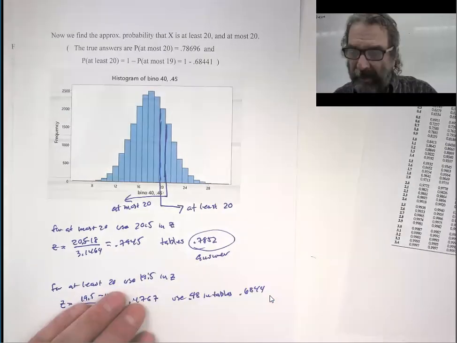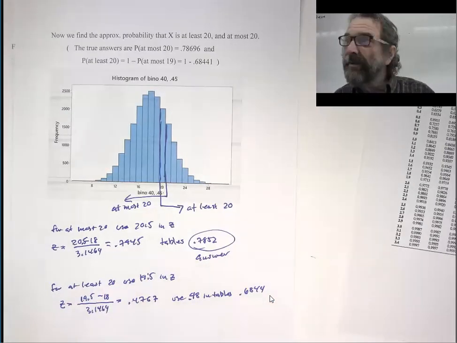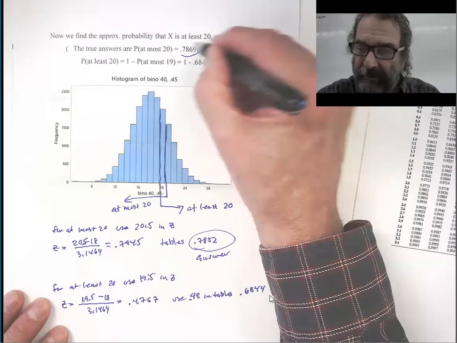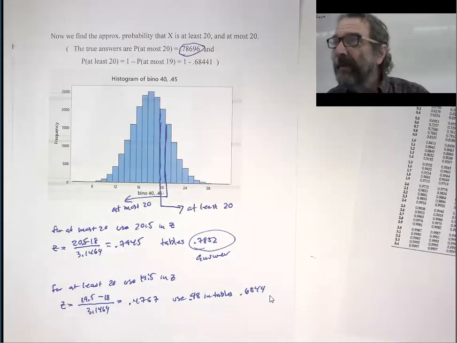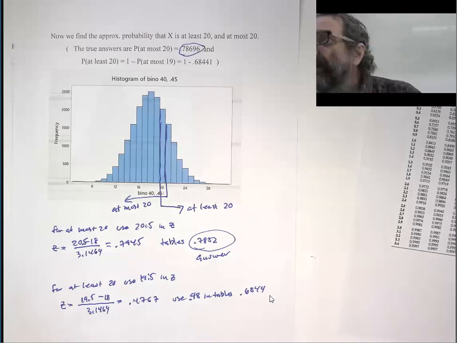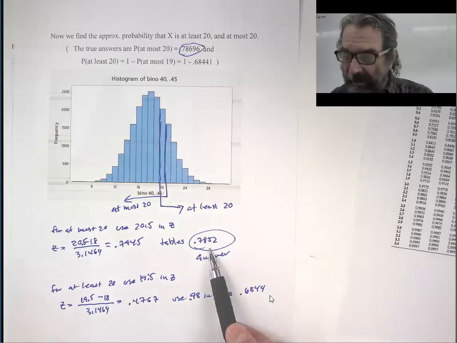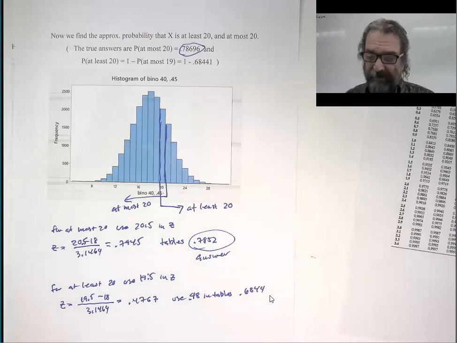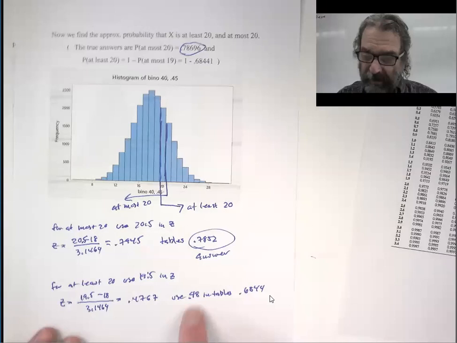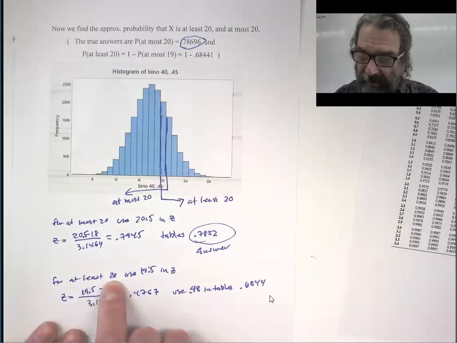And if we compare it to the exact answer up here, I went to some probability tables and looked that up. 20 or less probability was 0.7869. And here is the approximate answer, 0.7852. Pretty good.